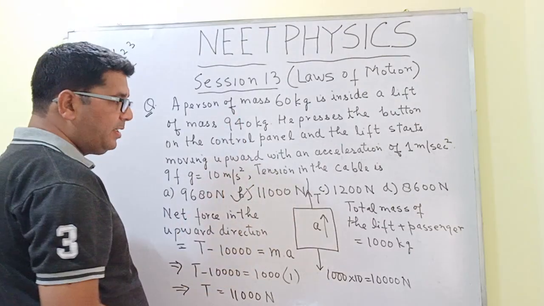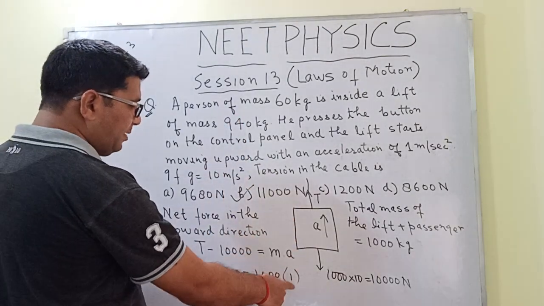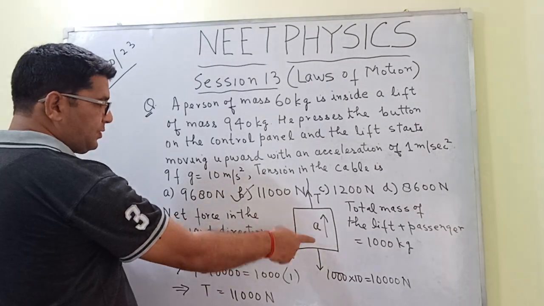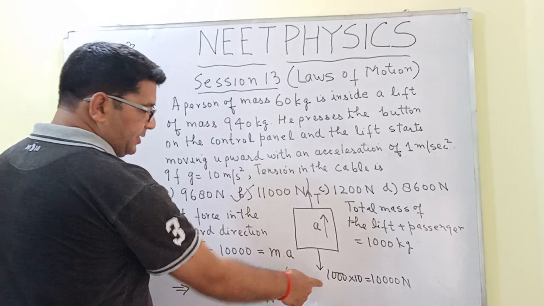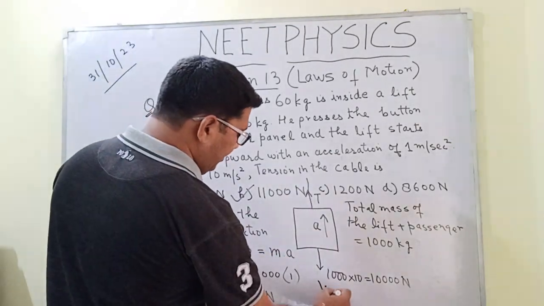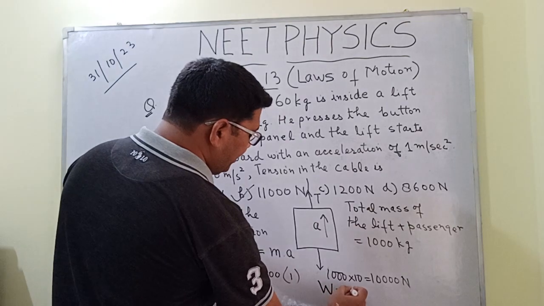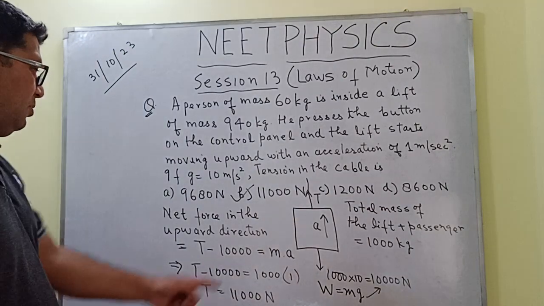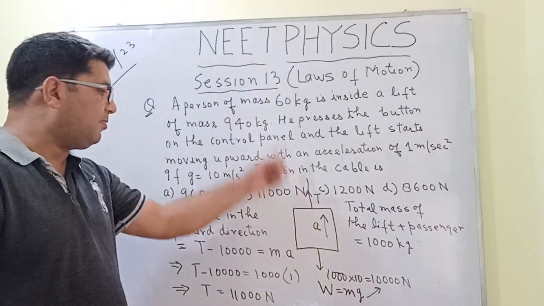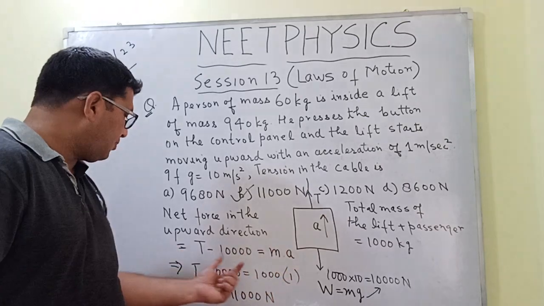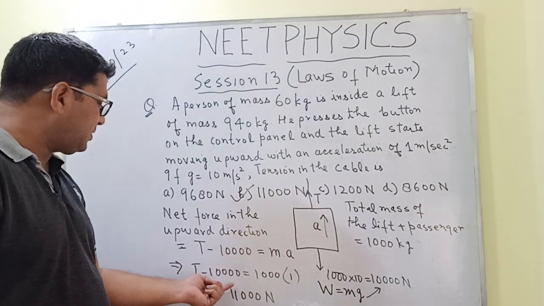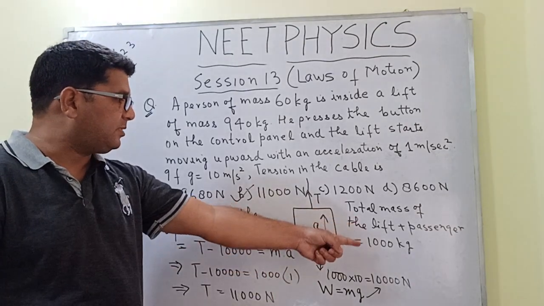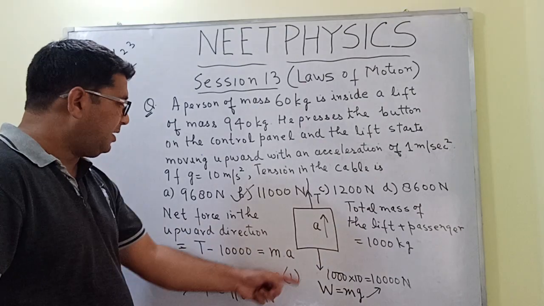So the lift will move upward, and since it is moving with an acceleration of 1 meter per second square, this equation was formed: the net force on this lift is equal to T minus mg. This is the weight, which is equal to m into g. Since tension is more than the weight, the lift will start moving in the upward direction. And we found the value of the net force, T minus 10,000, which is equal to the mass of the lift, 1000, that is the total mass of the lift plus the mass of the passenger, into the acceleration.